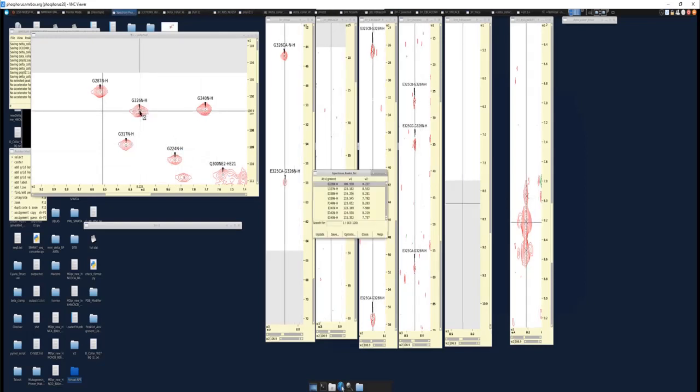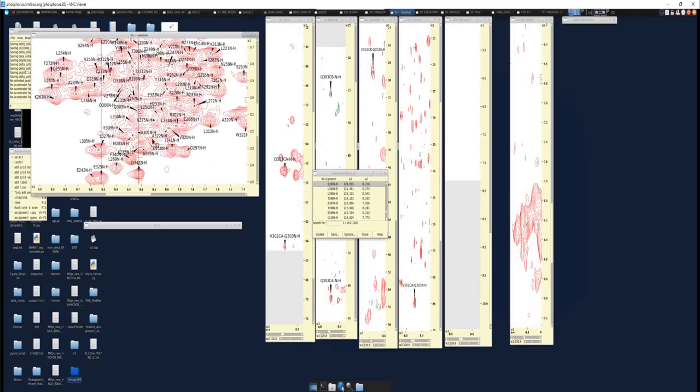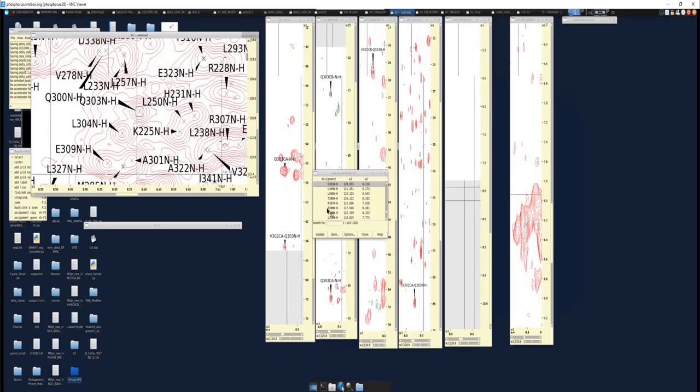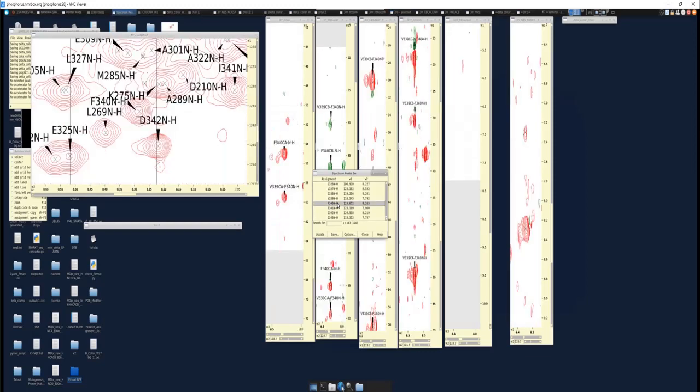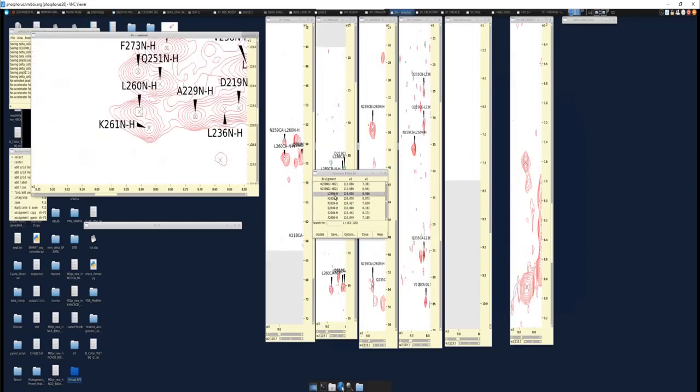So for example, I have done some assignments here, right? And let's look at another place, right? Let's use this glutamate right here. Oh, this is a bad example. This data set isn't always the greatest. Let's find a decent example.